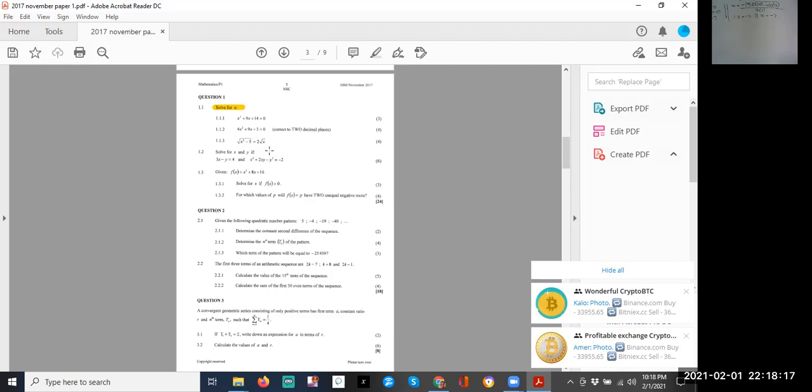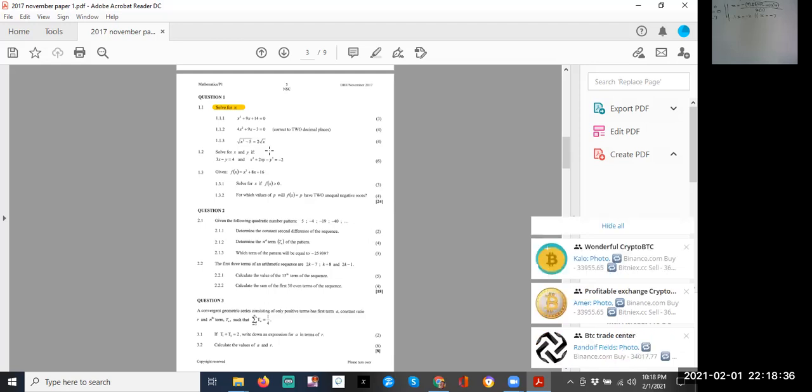How do you substitute? You substitute the value of x in the original function. Now, what is the value of x?